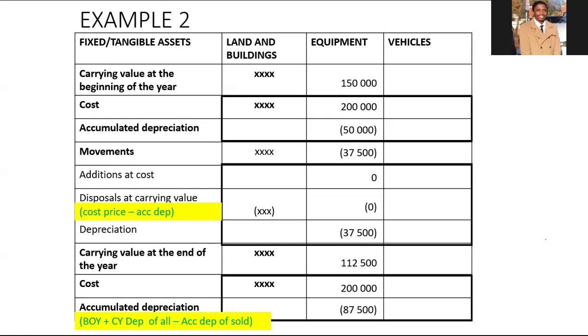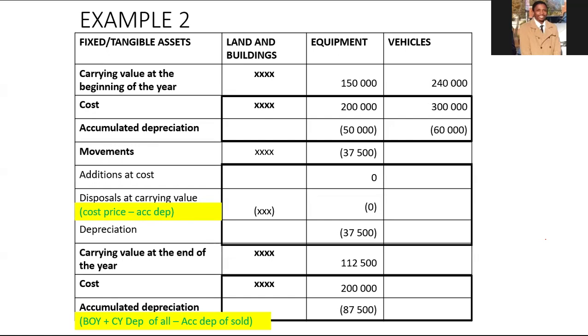What is the cost of vehicles at the beginning? It is 300,000. Accumulated depreciation is 60,000. Carrying value at the beginning of the year will be 300,000 minus 60,000, and that'll give you 240,000.